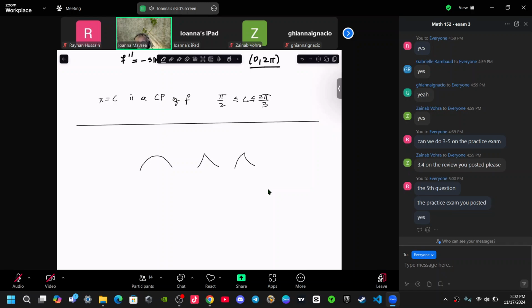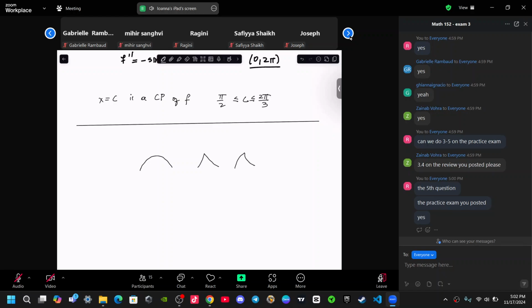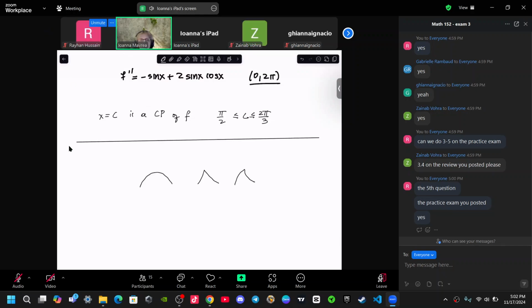If the function is differentiable, you don't have this case and you don't have this case, because for corners there's no derivative. So the function is differentiable.